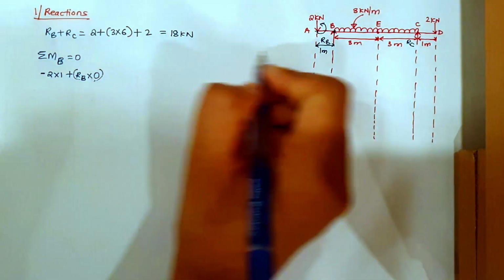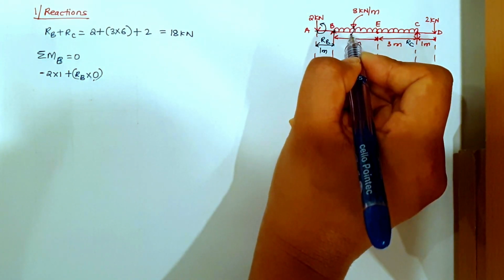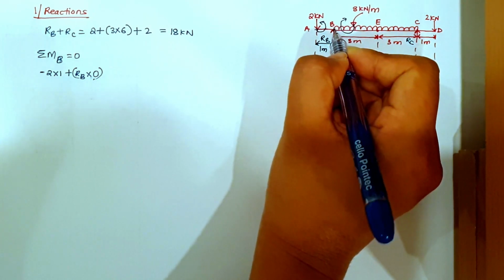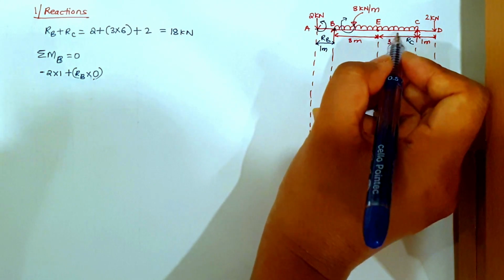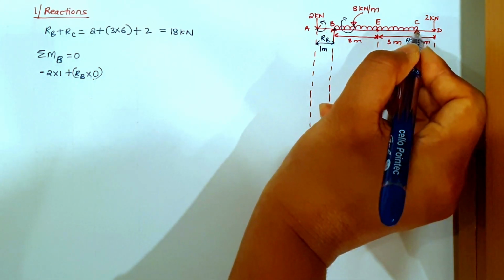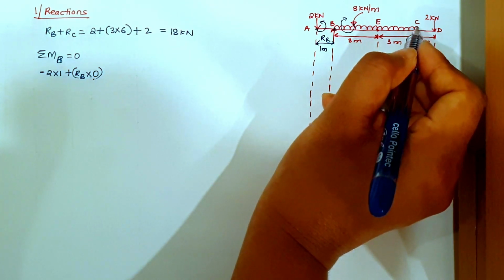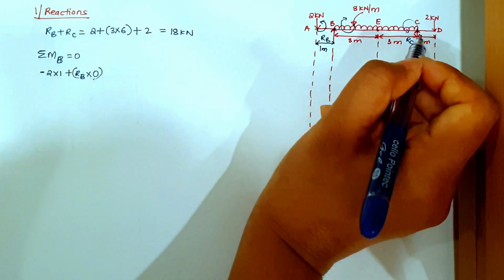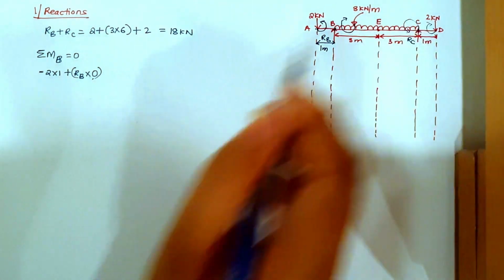Then next I have a UDL coming. It will go in this direction towards B, which is a clockwise direction. RC will go in an anti-clockwise direction, and similarly this point load will go in a clockwise direction.